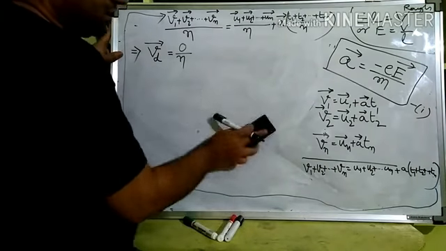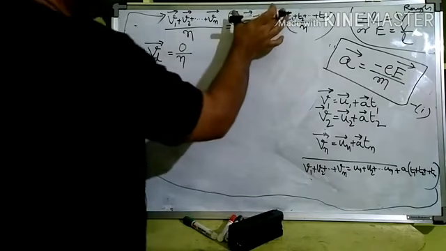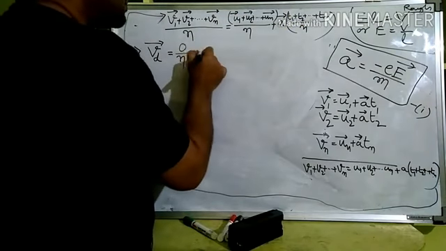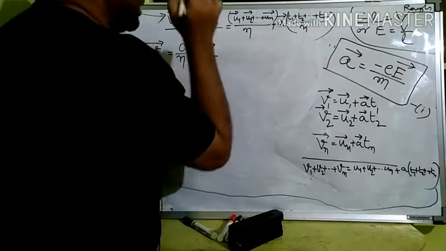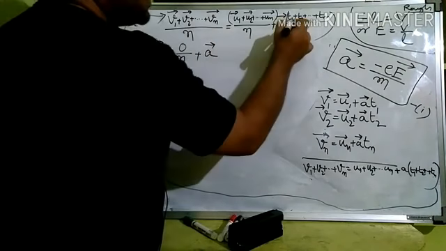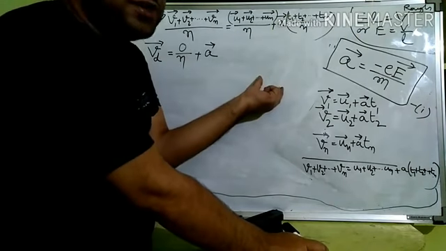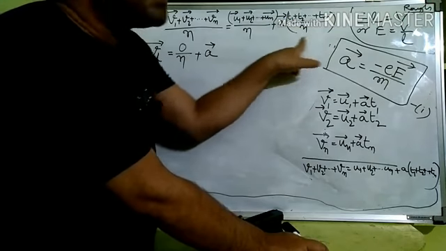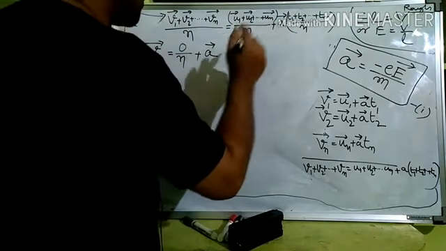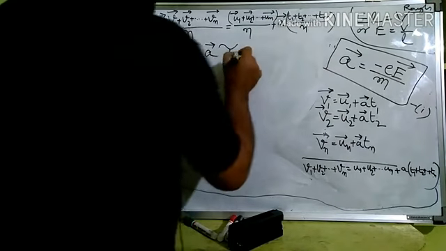So U1, U2, that unlimited number, whatever it is, altogether is 0 by n, plus A multiplied by the average of all the times between two successive collisions. The average of all the time intervals between successive collisions is called relaxation time, and the symbol is tau.